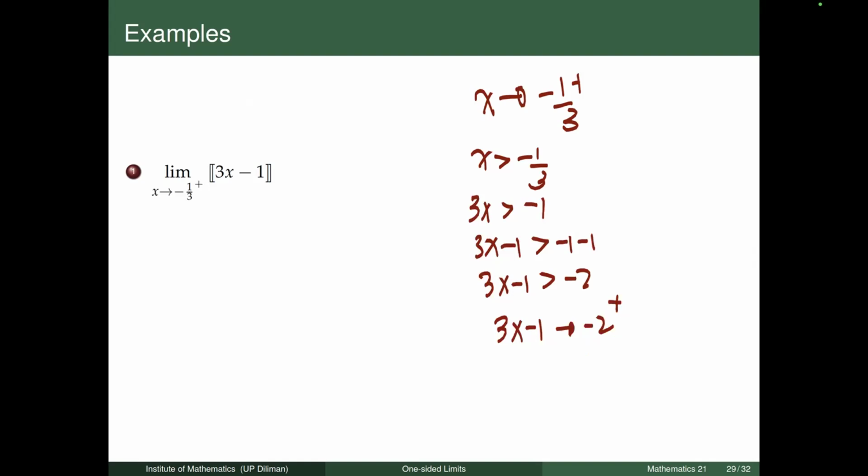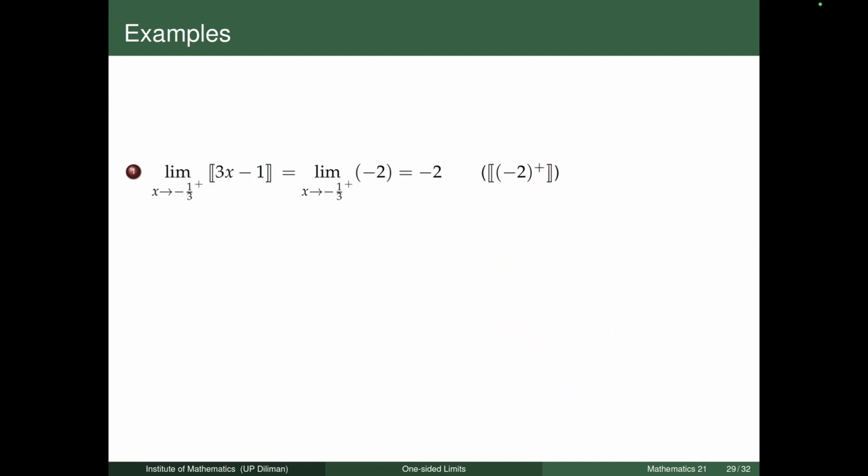So we can just replace this by the GIF of 3x minus 1, which will just be equal to negative 2.